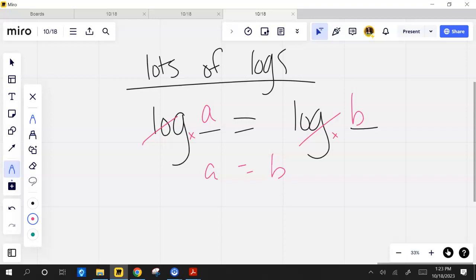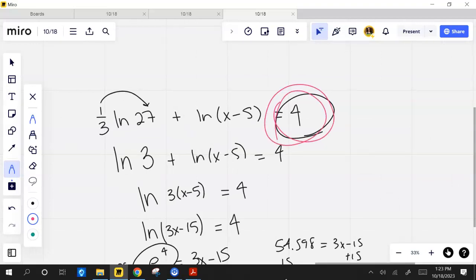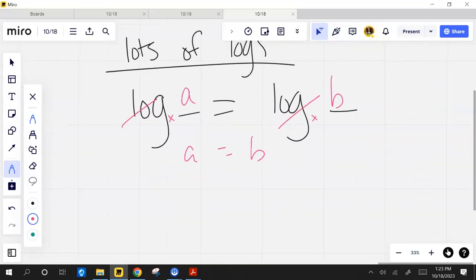But notice the difference in this scenario and the other. In the other, there was this random number thrown in by itself, right? So if that's the case, I isolate down to just one log. But if I'm in this scenario where there's no number, what I want to do is get one log on either side and get them condensed down. So let me show you what I'm talking about.